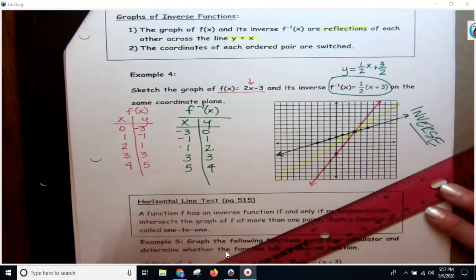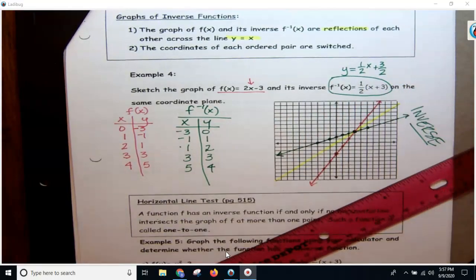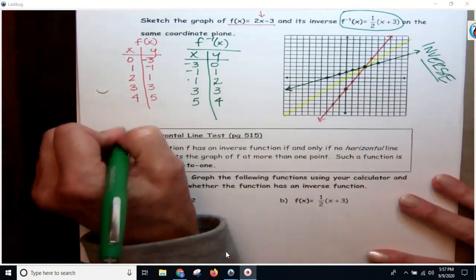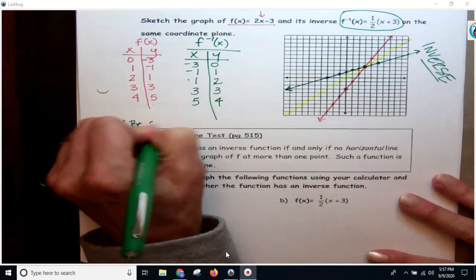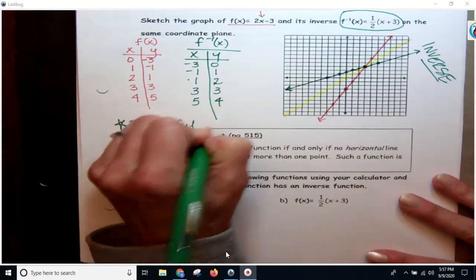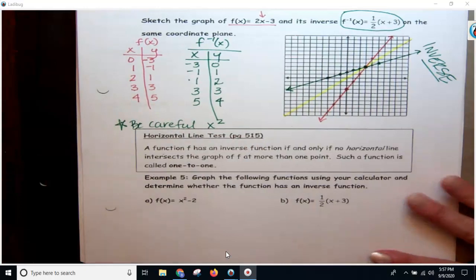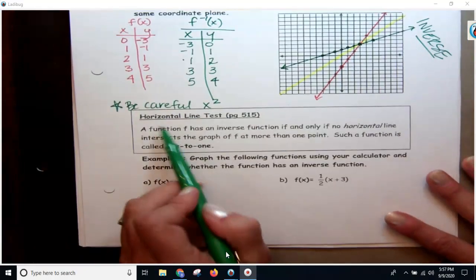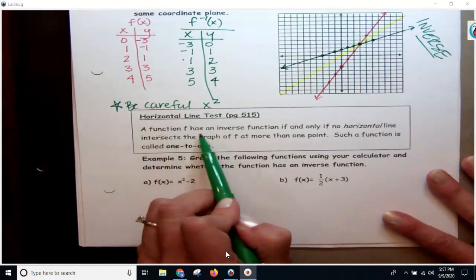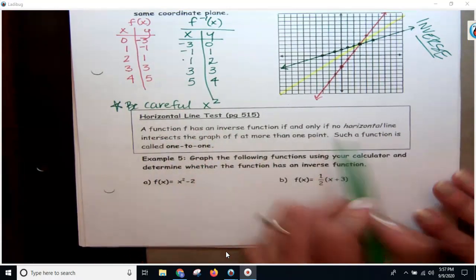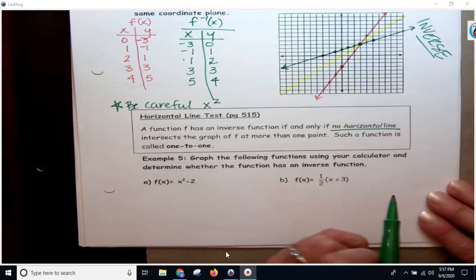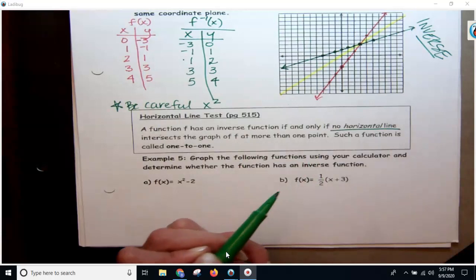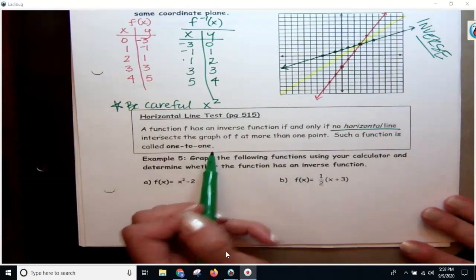All right. Okay. And let me tell you where you're going to have to really be careful. Be careful when you've got x squared. And we're going to talk about that right now. So when you have a horizontal line test, a function f has an inverse function if and only if the horizontal line test intersects the graph of f at no more than one point. This is called 1-to-1.